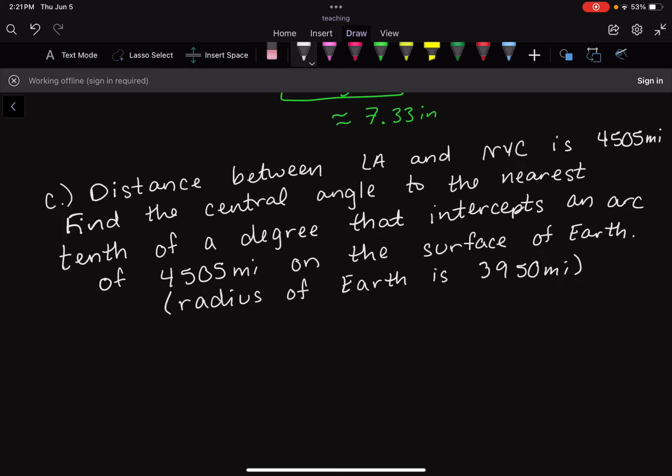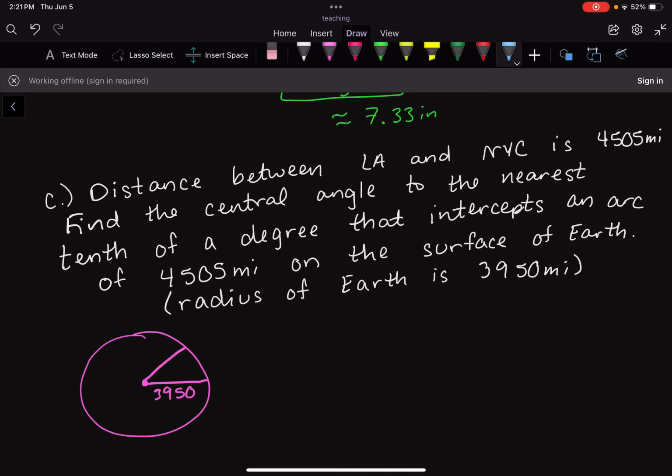So this one's a little bit different. This one's giving us different information. So I'm still going to draw my problem. I like to just kind of draw them the same way. So I know that my radius is 3,950. It says the length of my arc. So I do not know alpha.